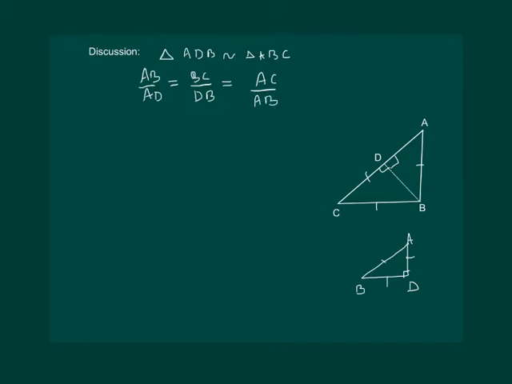Let us do the same exercise for the other right triangle. We know that triangle BDC is also similar to ABC.